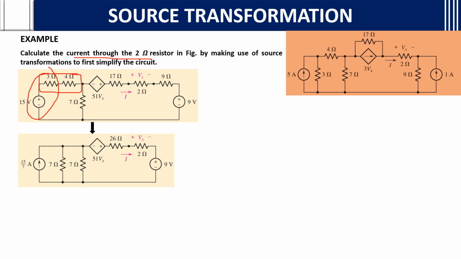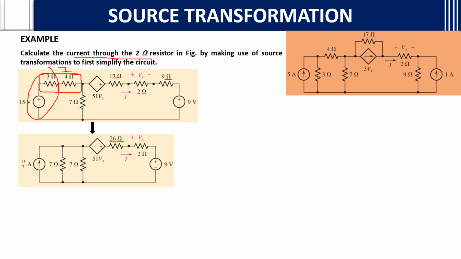So I is equal to V by R. This is totally 7, so 15 by 7, and this current source will be connected in parallel with the 7 ohm, which is already initially present. Everything else is the same. Here the 17 ohm and 9 ohm are also in series, so we can add them to get 26 ohms.